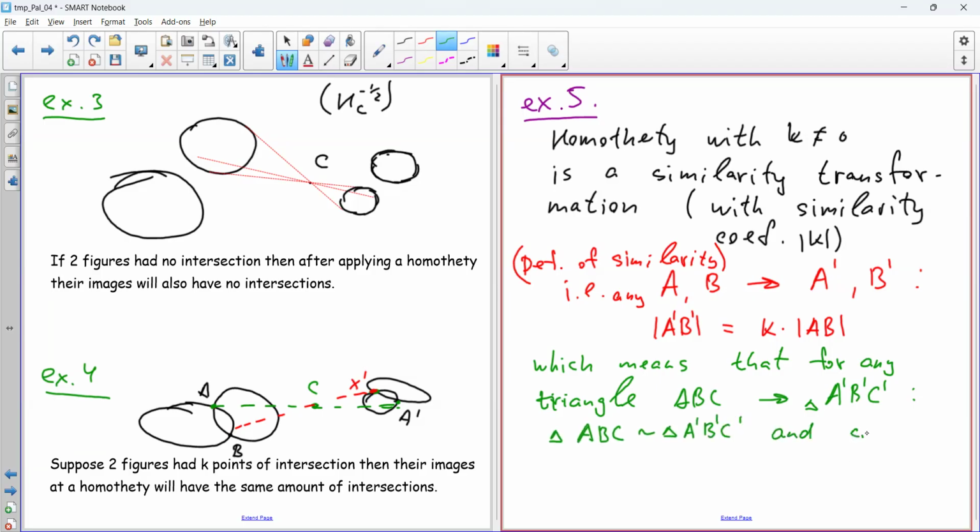And coefficient of similarity is exactly K. So here with coefficient K.